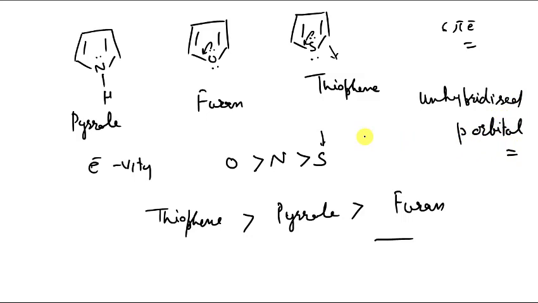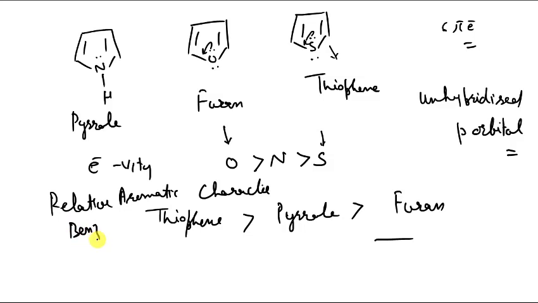So thiophene is most aromatic among them and furan is least aromatic. This is the relative aromatic character, and benzene is most aromatic: benzene, then thiophene, then pyrrole, and then furan.